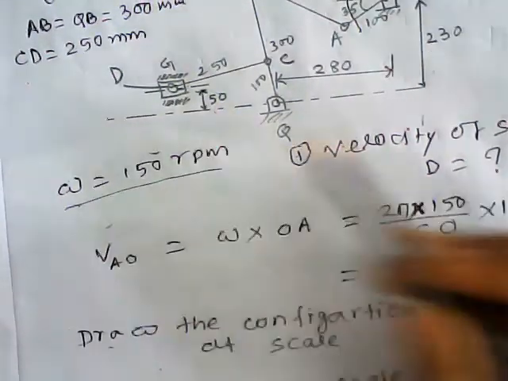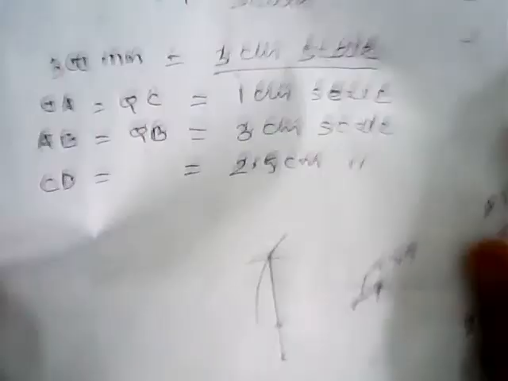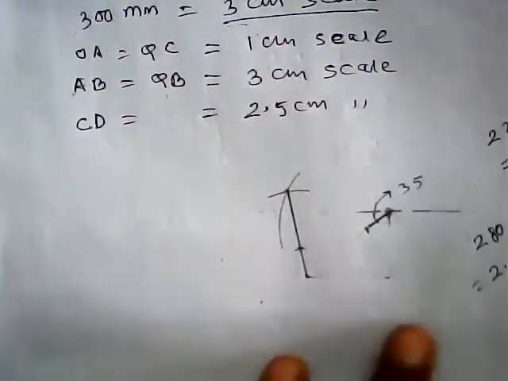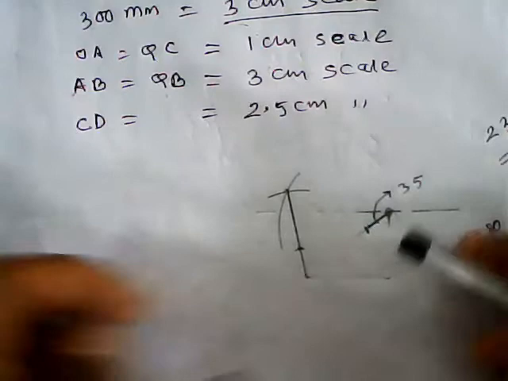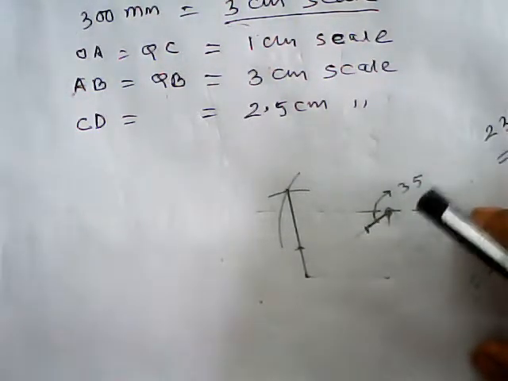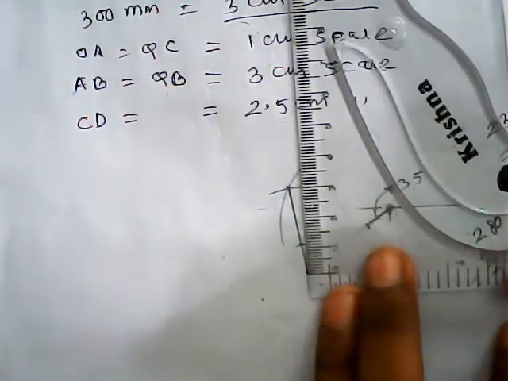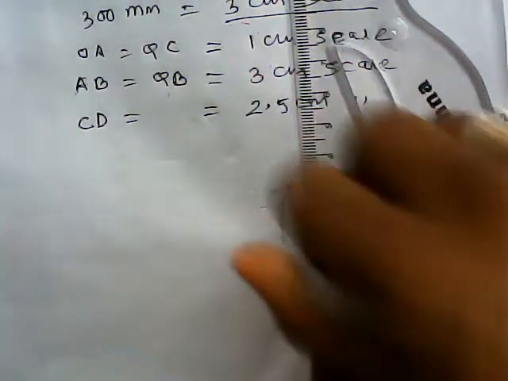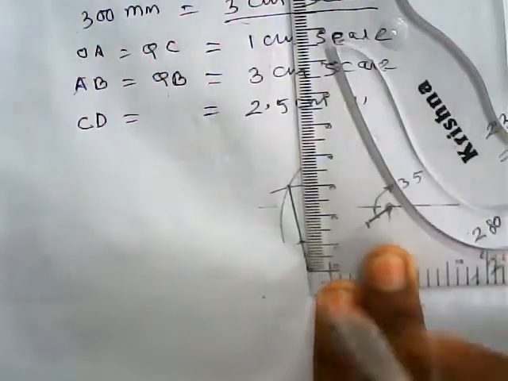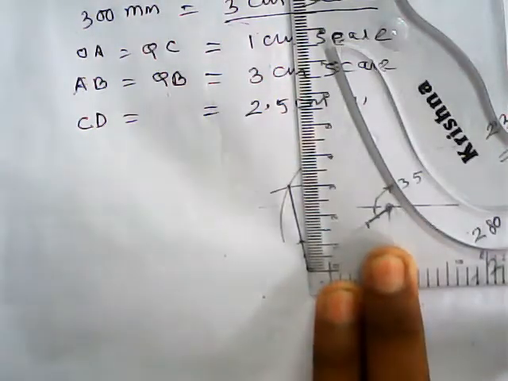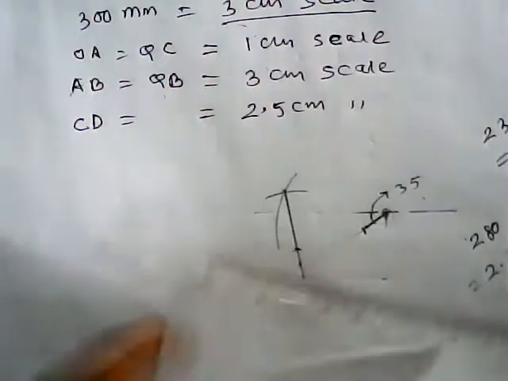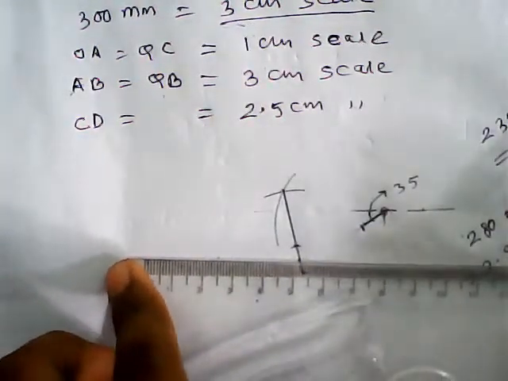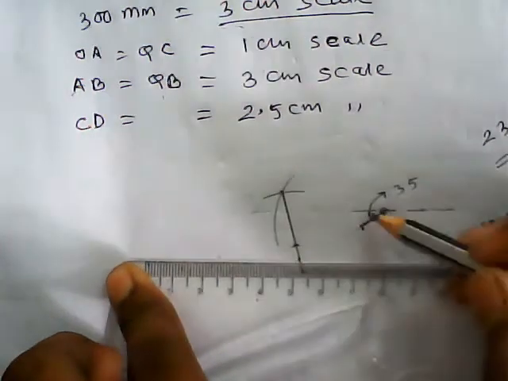This side is 50 millimeter from the horizontal line through Q. Draw a line.